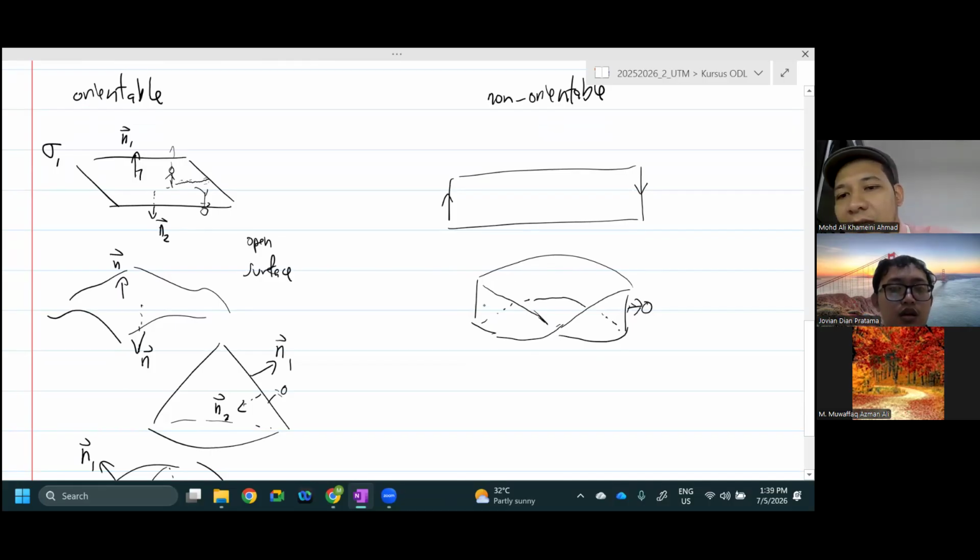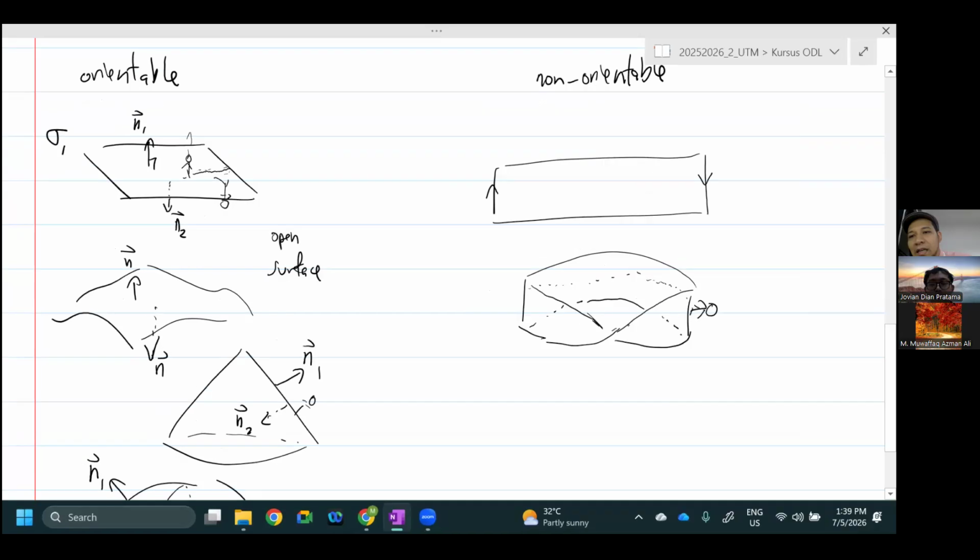For example, if you go to the back there, and then you go in front here, and then you twist there and go to the back here. Then you come back here, come in front here, twist, and come back here again.